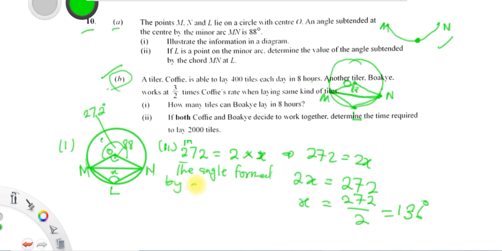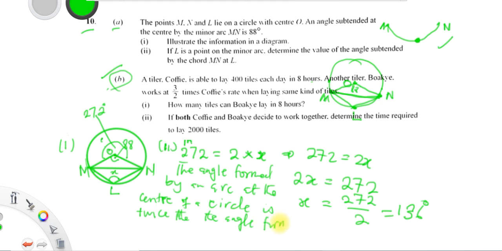formed by an arc at the center of a circle is twice the angle formed by the same arc, very important, the same arc on the circumference.